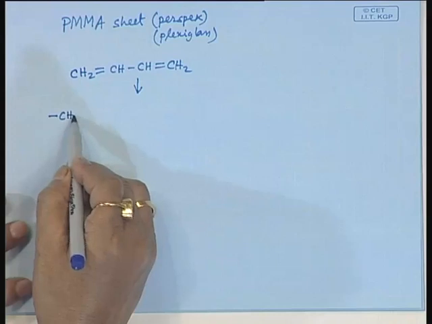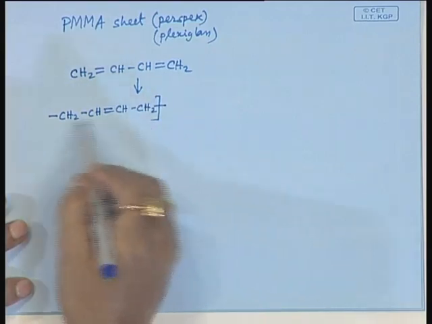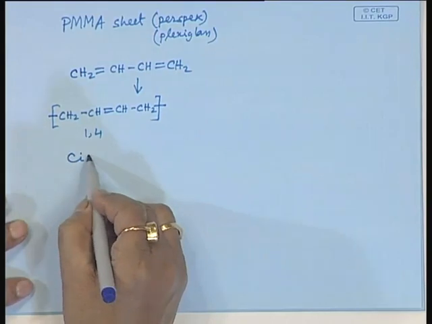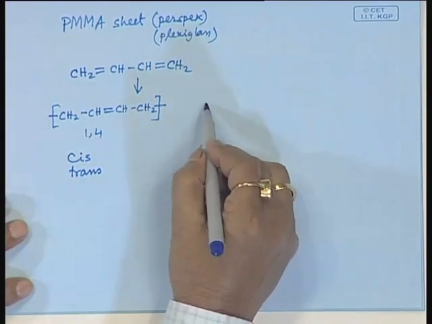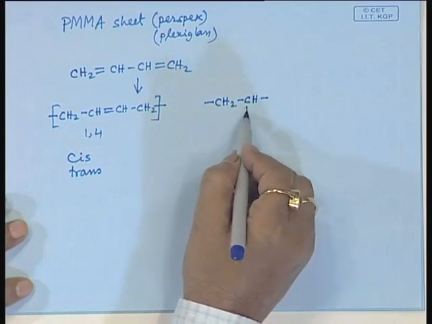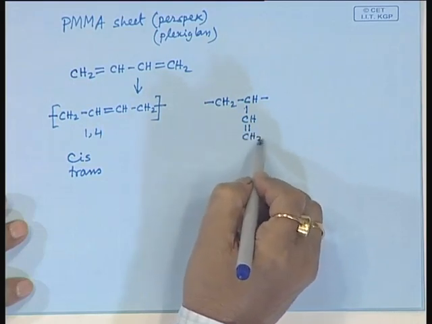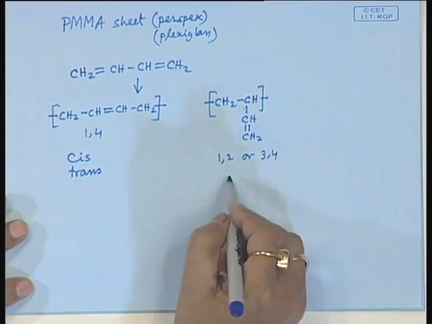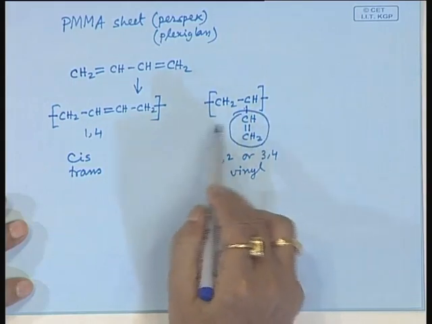You can get 1,4 linkage, you can get cis 1,4, you can get trans 1,4, you can get 1,2 or 3,4 linkage or pendant vinyl substituent from the same monomer.